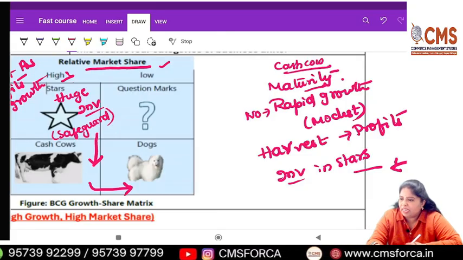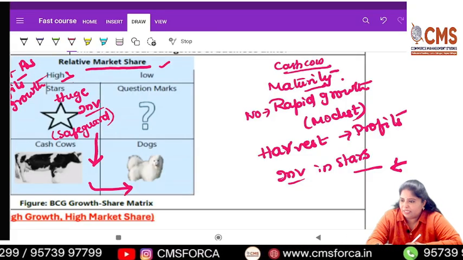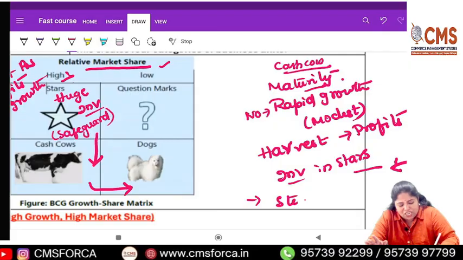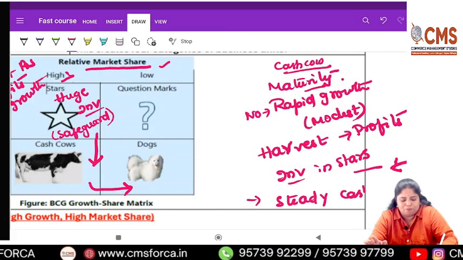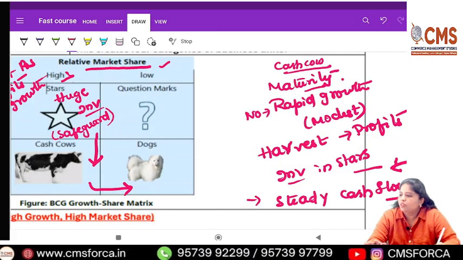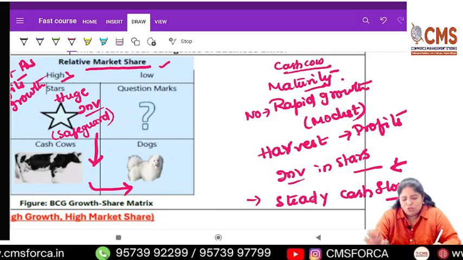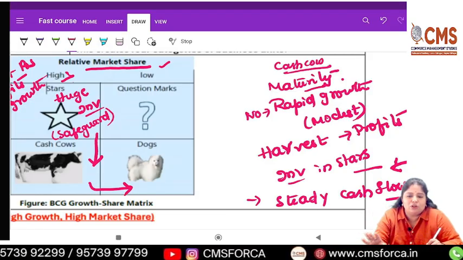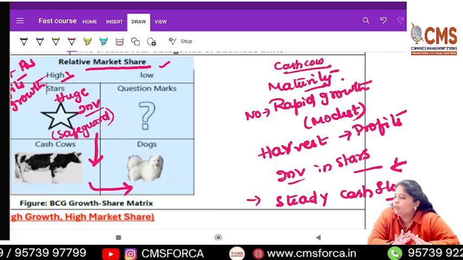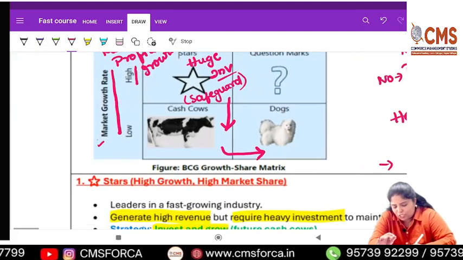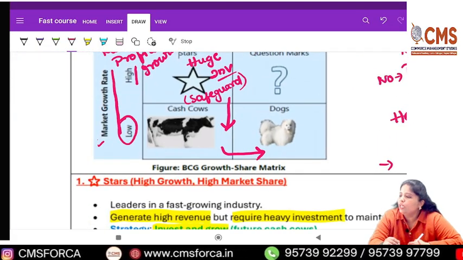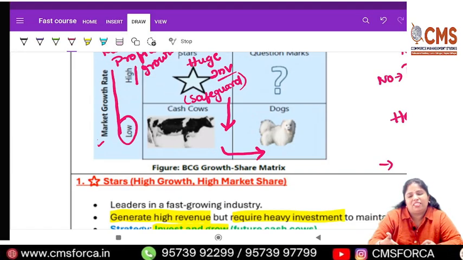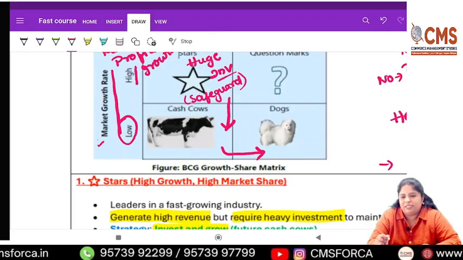It will also decline and turn into a dog category. But till that time, your cash cow will keep generating steady cash flow. Steady cash flow, good profits, good returns, but not rapid growth. You can't ensure that. Modest growth will be seen because market growth rate is low. But in future going forward, cash cow might turn out to become a dog category.